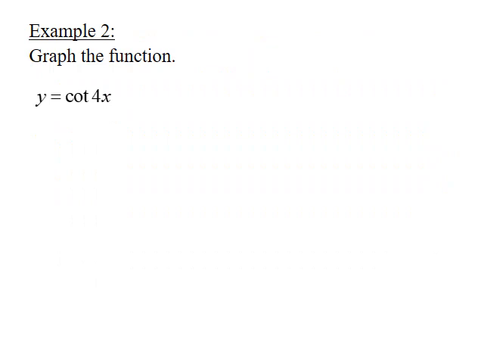Okay, so the first one is cotangent of 4x. So the first thing I want to do is figure out a cycle. So for one cycle, since this is cotangent, I'm going to sandwich my argument in between 0 and pi.